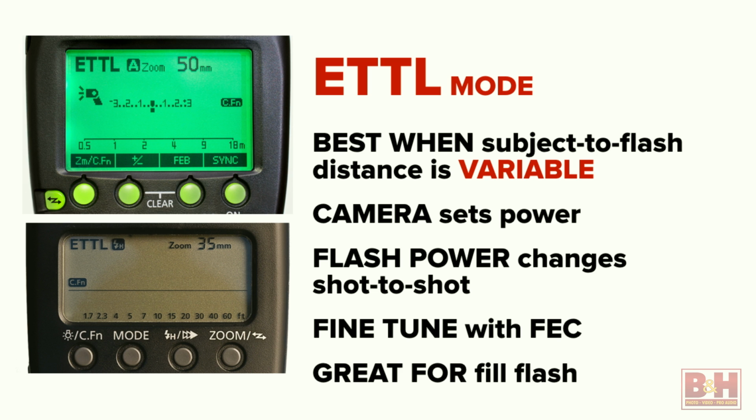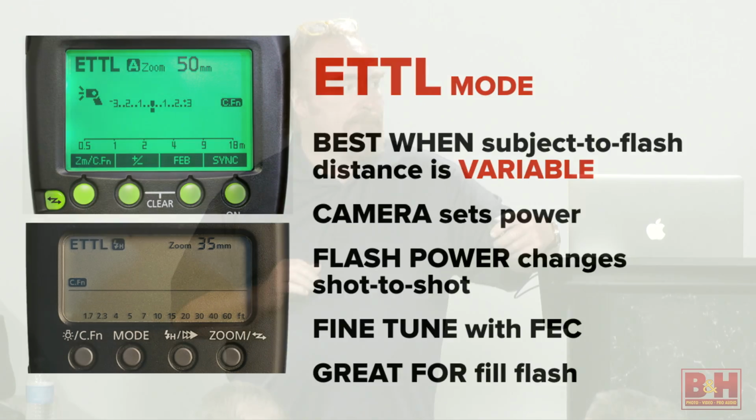It compares all of that data in real time, way faster than we can even explain it, calculates the proper flash power, tells the Speedlite to change its power. The Speedlite does that, and then the Speedlite fires when the shutter opens. All of that, from our perspective, literally instantaneously. So amazingly useful technology under the right circumstances, okay?